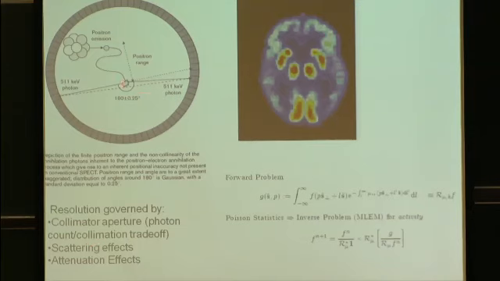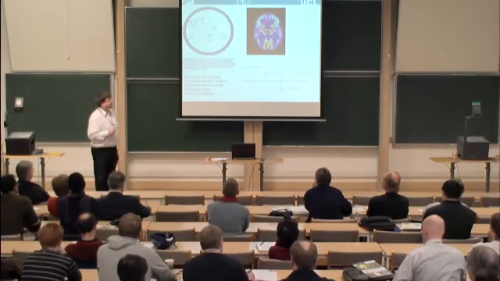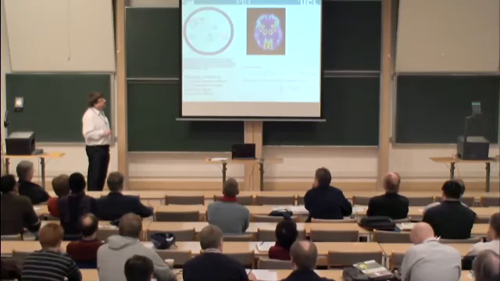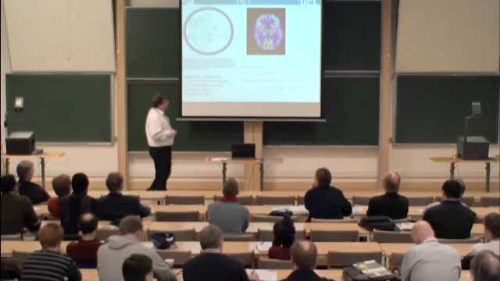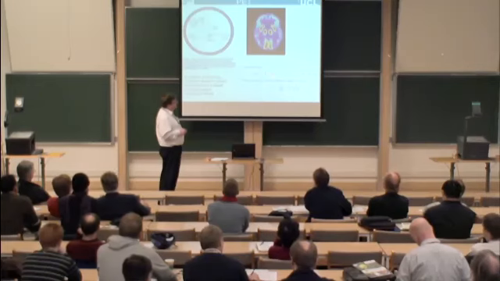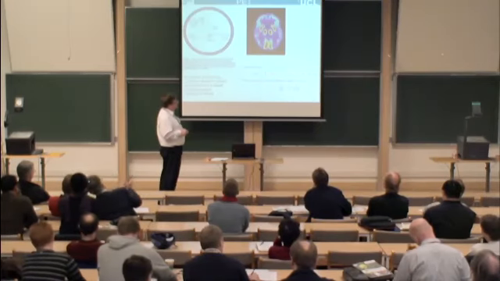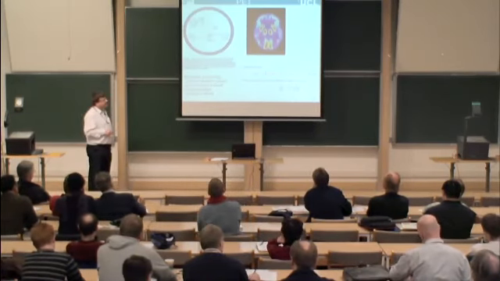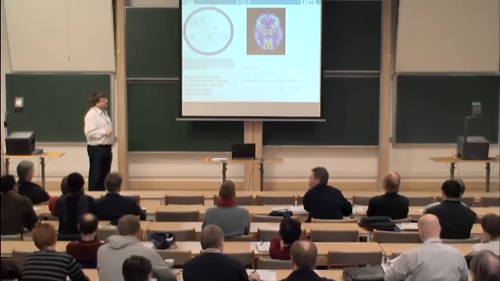But we also have the fact that the photons, although higher energy than X-rays, still might be attenuated and might be scattered. So the photons that come here are not simply the line integral, but there's some small loss. This is represented in this version of the forward problem. It looks quite similar: we have an activity integrated on a line, but it's also attenuated by loss due to attenuation and scattering.